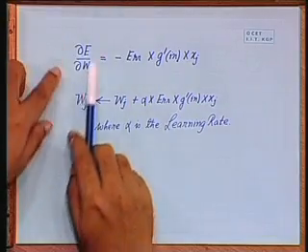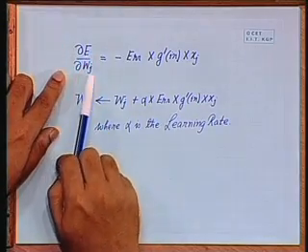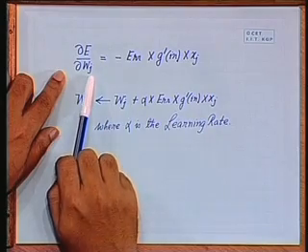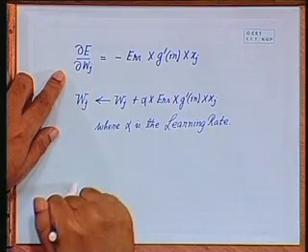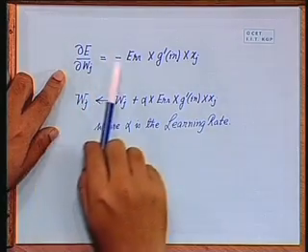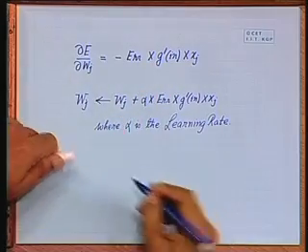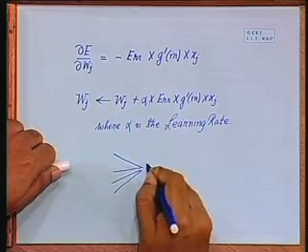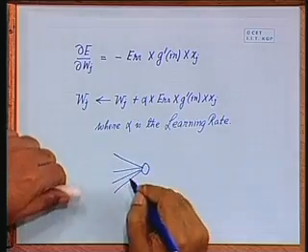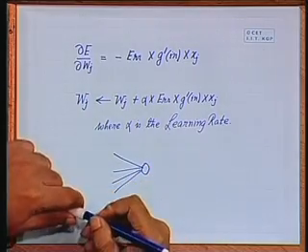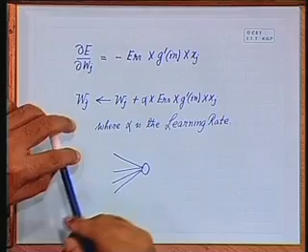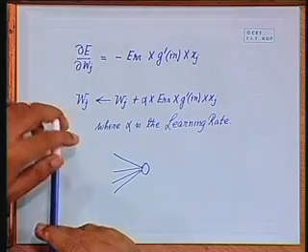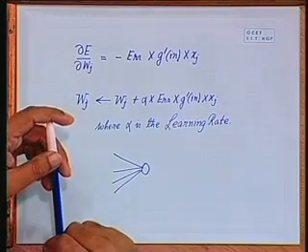So, this was just computing delta E by delta Wj for one j, and we do it for each of the j's, so that we have updated the weights of all the links that are feeding into this. Right.